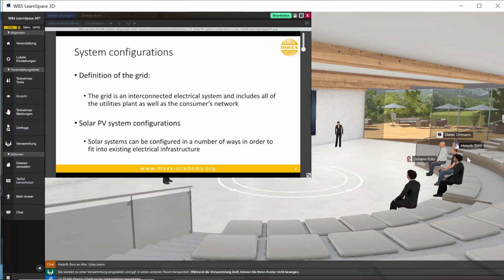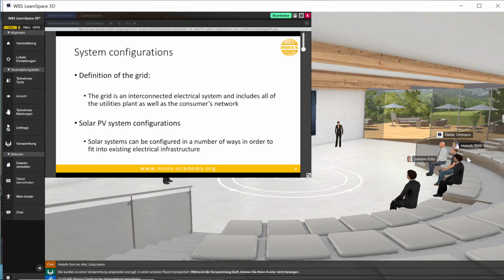If you're in a town that is powered by a diesel generator, but it's not connected to the national grid, and you're buying power from that town, then you're actually still on grid, because somebody owns the generation assets, and you are interacting with that through your on-grid PV system, and you know that you're feeding power in so that they can maintain their side of the story, which is obviously stability and quality. So I would say the definition of a grid is an interconnected electrical system and includes all the demand.